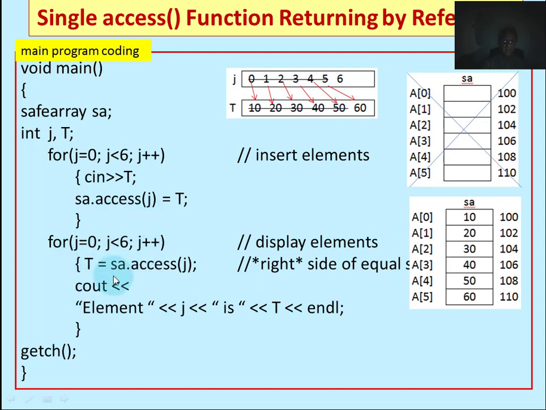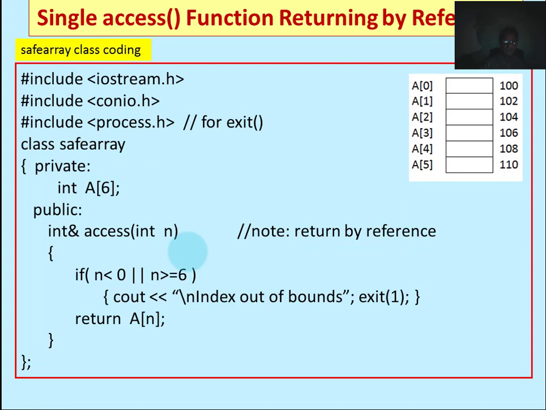Similarly, the value will be accessed from the access function of the safe array. If j is 0, the sa object is calling the access function and passing the value 0, and the access function will check whether 0 belongs to the bound or not.